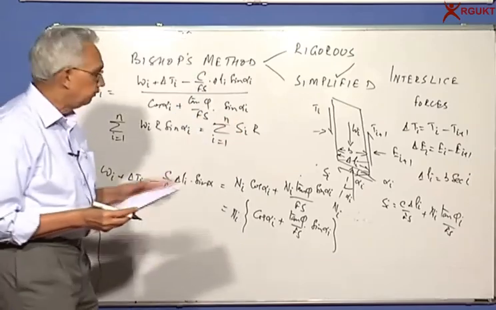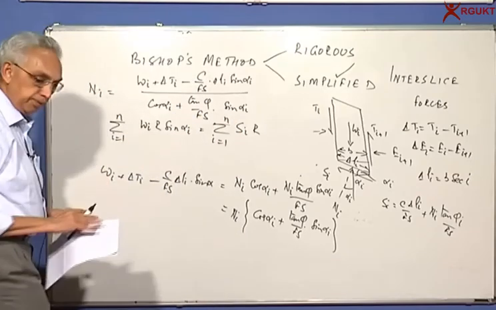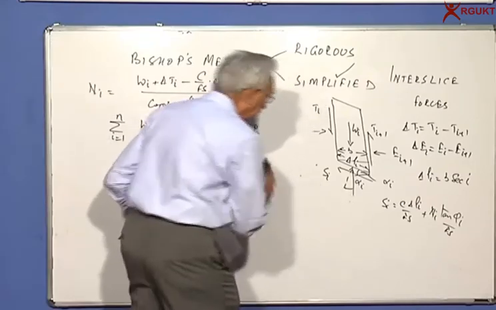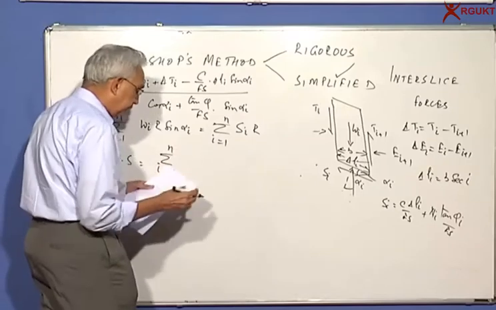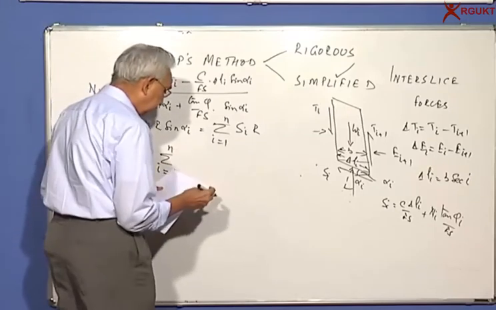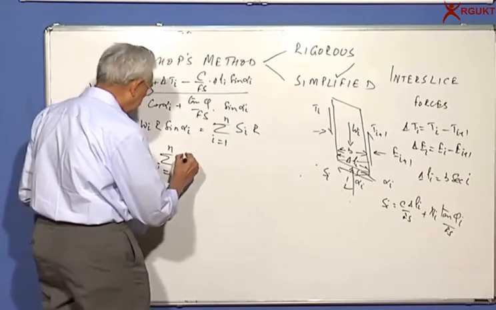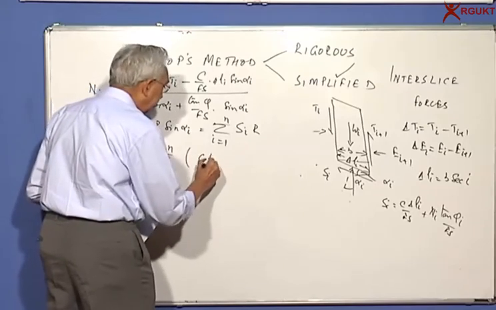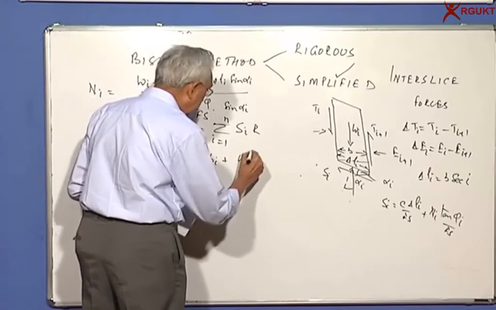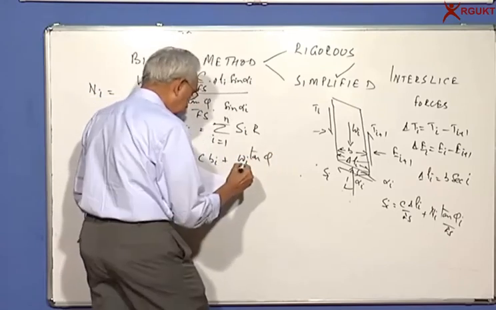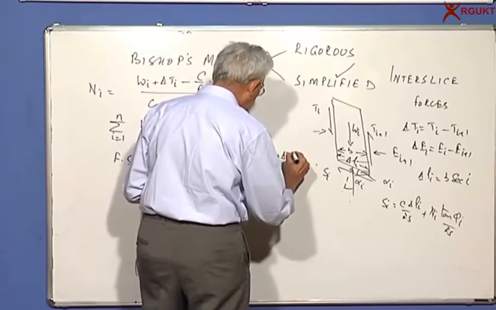And you can say that from here, because Si is written, the factor of safety would be as before: sigma i going from 1 to n, summing up all the terms, and we try to simplify here. That is how we'll write that: C into Bi plus Wi tan phi plus delta T tan phi prime.